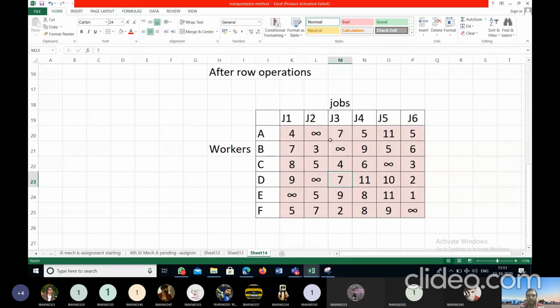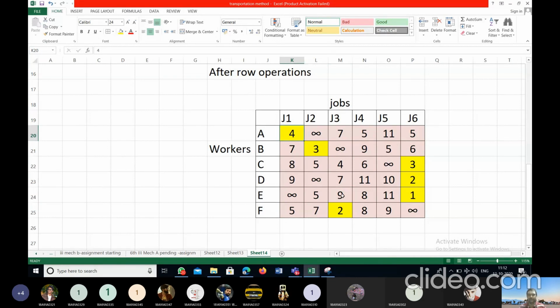So what is the least in the first row? It is 4, and the second row it is 3, and third row it is 3. So these values are randomly selected. Fourth row it is 2, and fifth row it is 1, and the sixth row it is 2. So I need to subtract the selected least element from all elements of that row.